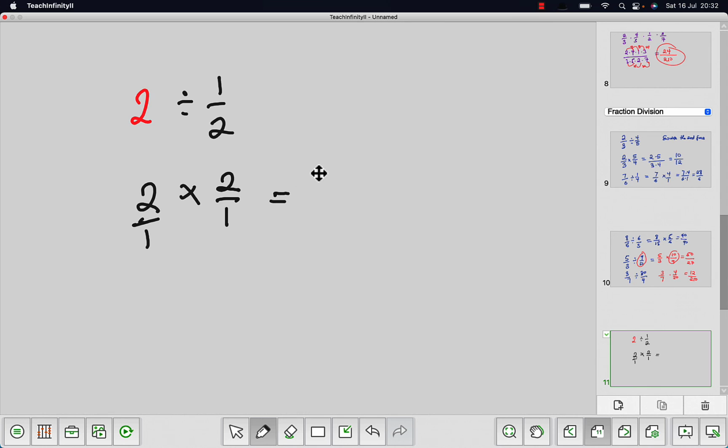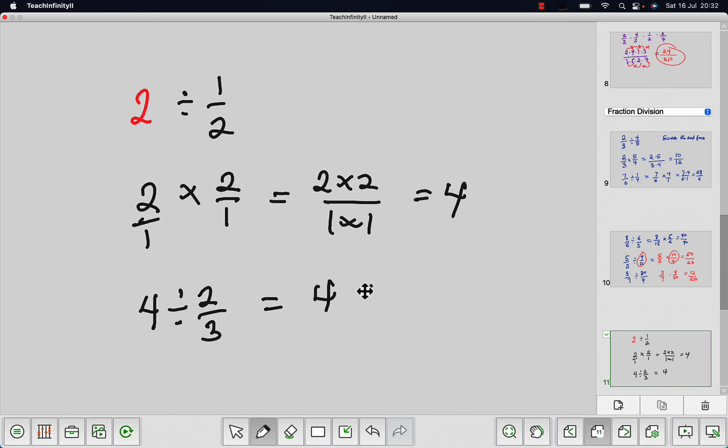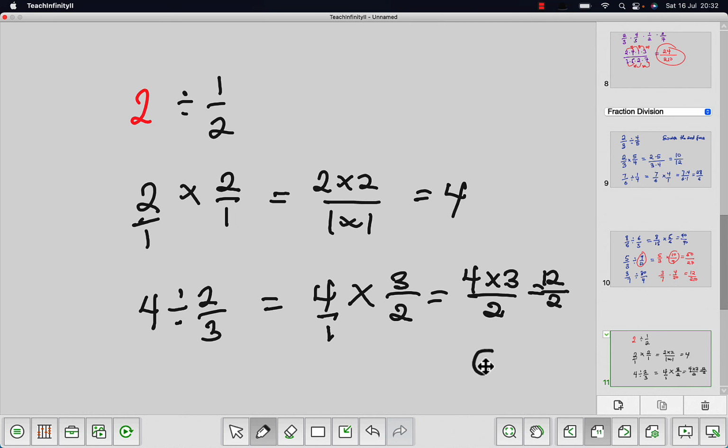This is going to be 2 times 2 over 1 times 1, which is 4 over 1, which is the same as 4. Great. So let's look at an example like 4 divided by 2 over 3. This is going to give you 4 times 3 over 2. 4 times 3 is 12 over 2. 12 divided by 2 is 6. So our final answer here is 6.